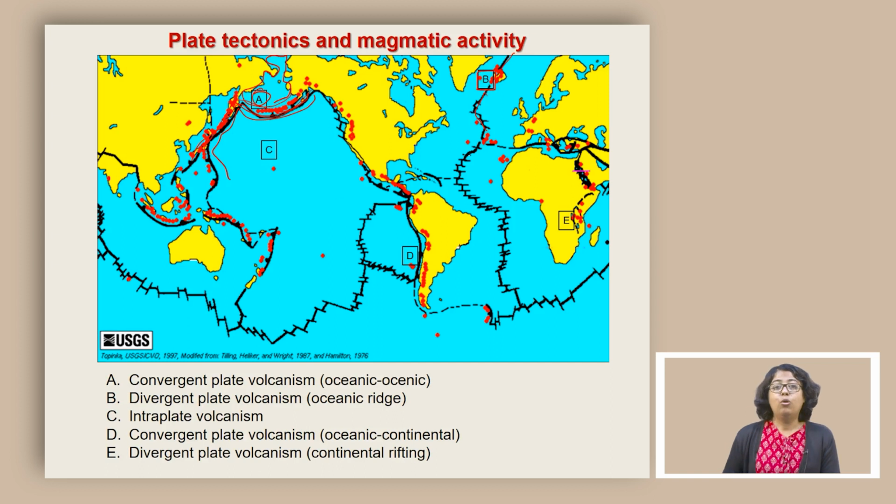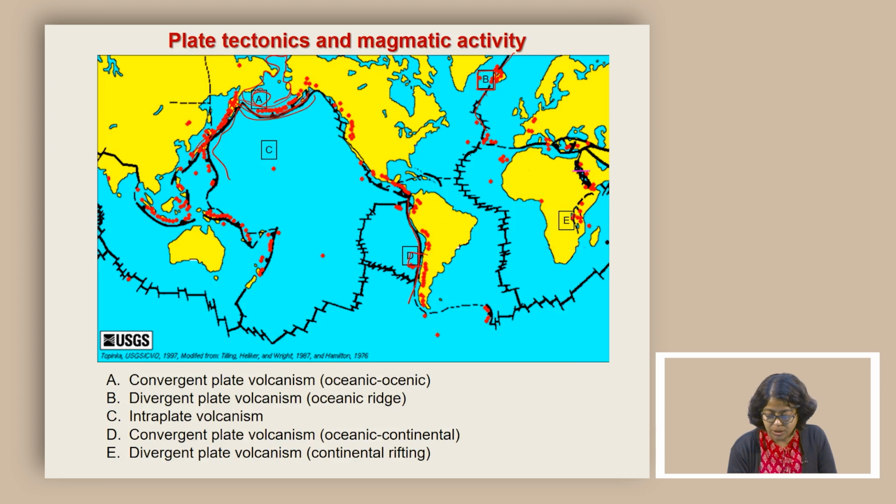So, these are mid-oceanic ridges along which new oceanic plates are being created, and here what we see is a formation of new oceanic plates and magmatic activity associated with it. So, these are called divergent plate volcanism.